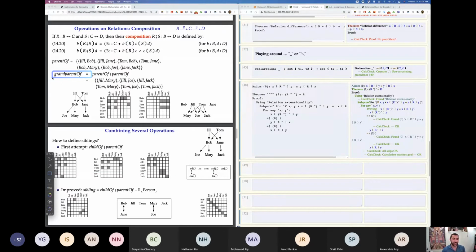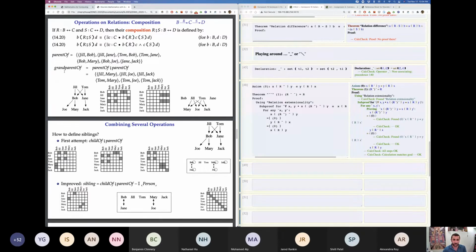For example, to be an uncle means to be the brother of a parent. Okay, so to be an aunt means to be the sister of a parent. So a lot of family relationships really easily are expressed using relation notation.